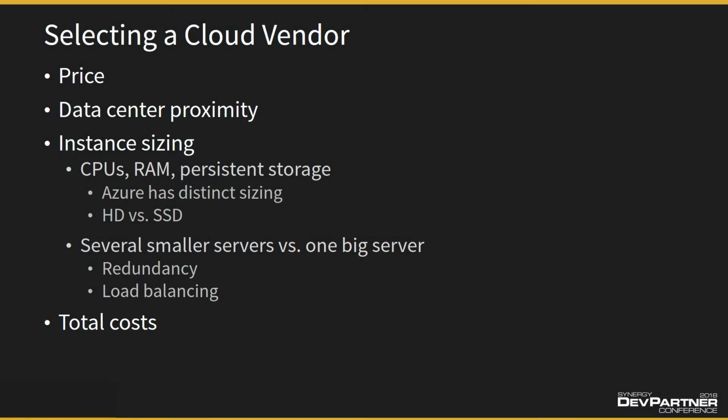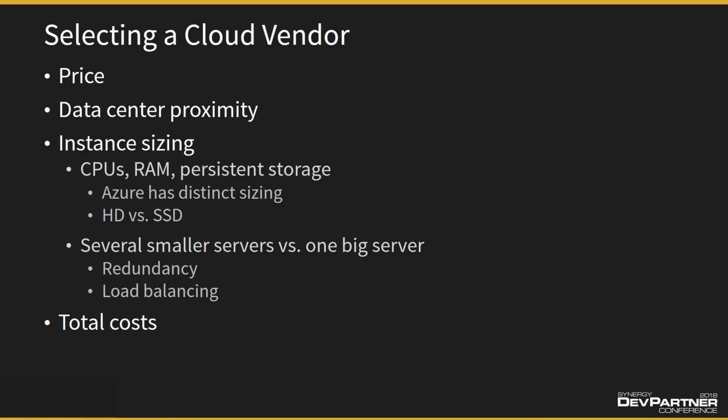You have to pick specific instances that are available in that data center. And it is rare, but depending on the data center, some instances may not exist. So something to consider. Look at that early on in the process to make sure that you're sizing it to what you anticipate you're going to need.